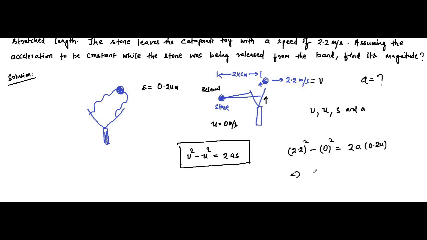That implies A is equal to 2.2 whole square minus 0 whole square by 2 into 0.24, which, if we calculate, comes around 10.1 meters per second square.